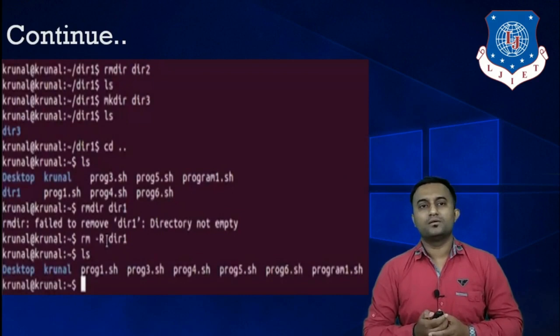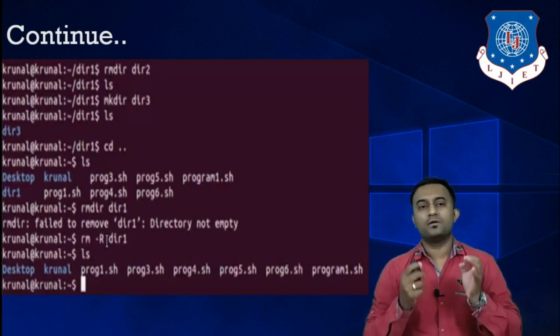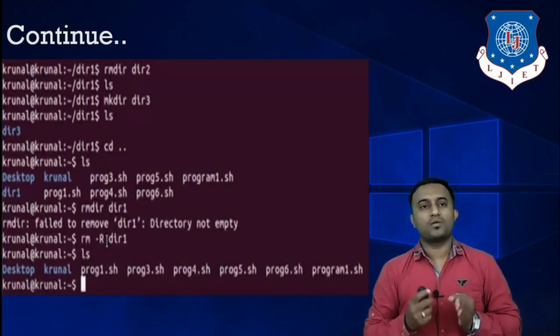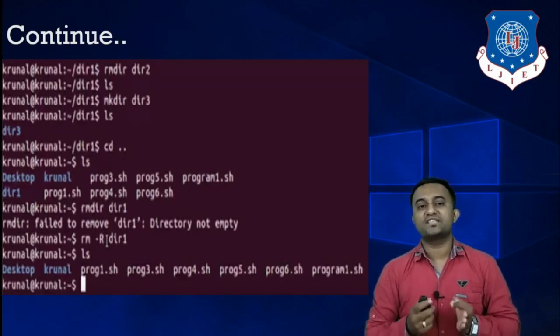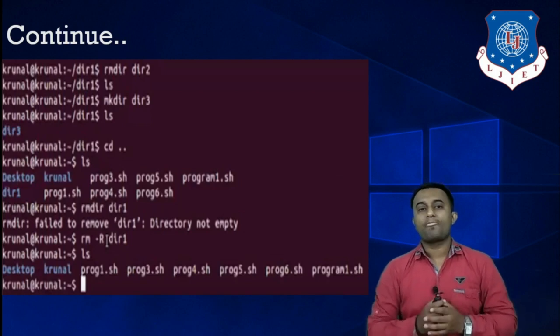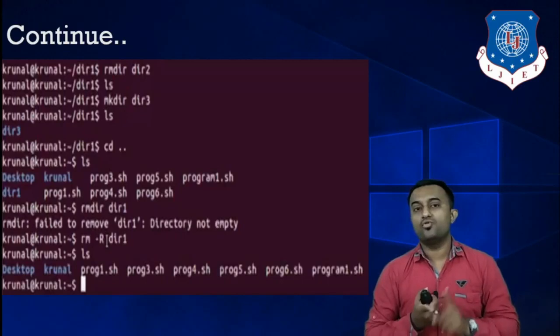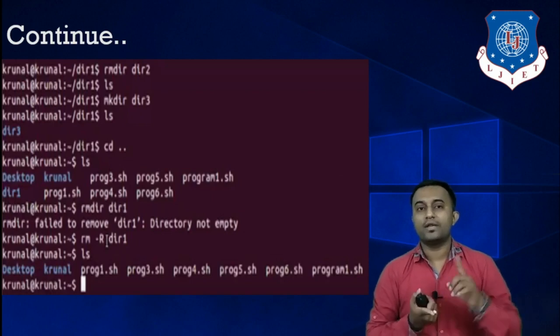Okay. Now once you have created a directory and you want to remove it, there is one more command we have, rmdir. Rm stands for remove, dir stands for directory. So remove directory number 2. This command will work when you have an empty directory, meaning if the directory does not contain any file or any subdirectory.